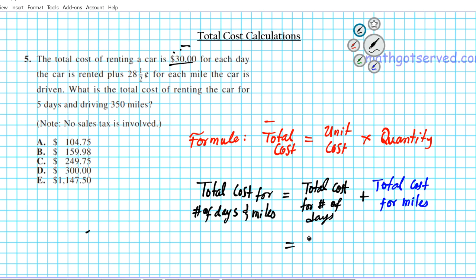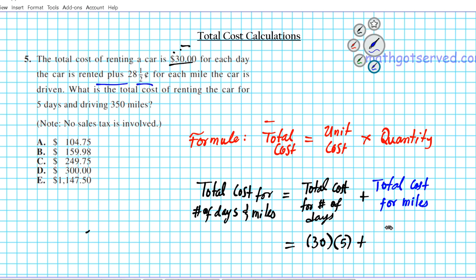So we have 30, and then we're going to multiply that by the number of days or quantities, which is 5. All right, and then we're going to add that to the unit cost for each mile, which is 28.5 cents.